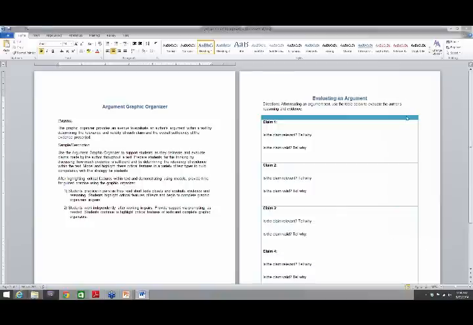And you can see it has a claim. After reading an argument text, use a table to evaluate the author's reasoning. So claim 1, is the claim relevant? Then tell why. And then, is the claim valid? And tell why. Because as you move through text, sometimes you're going to see multiple arguments that are laid out.